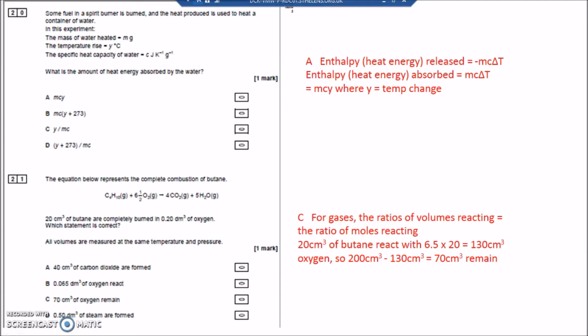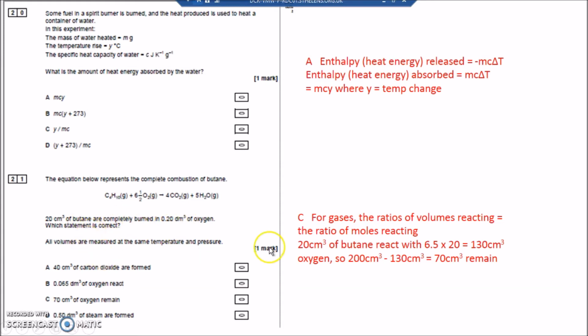So you can turn ratios of moles reacting into ratios of volumes reacting. So I could say that 1 to 6.5 makes 4 and makes 5. I could talk about moles, or about volumes in terms of ratios reacting, as long as they're all gases.